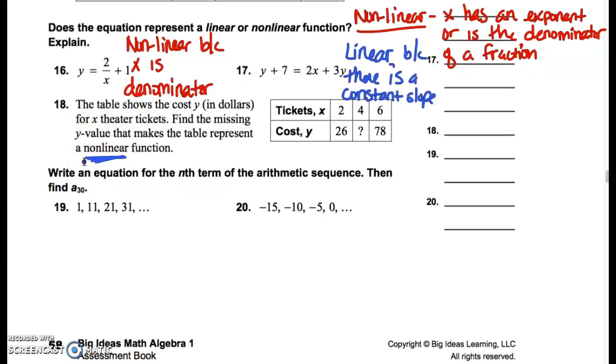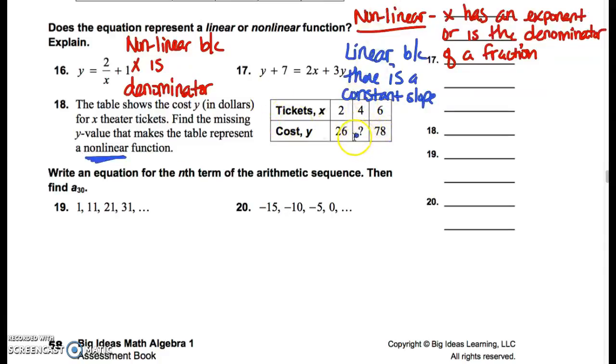Now, I notice as I am looking at this table here, to get from 2 to 26, we would multiply by 13. Okay, to get from 6 to 78, we would also multiply by 13. So 4 times 13 would be 52.